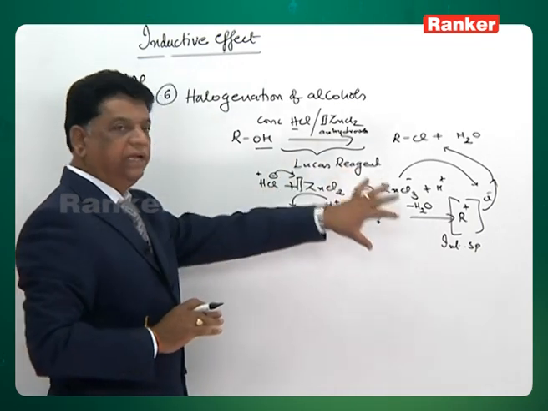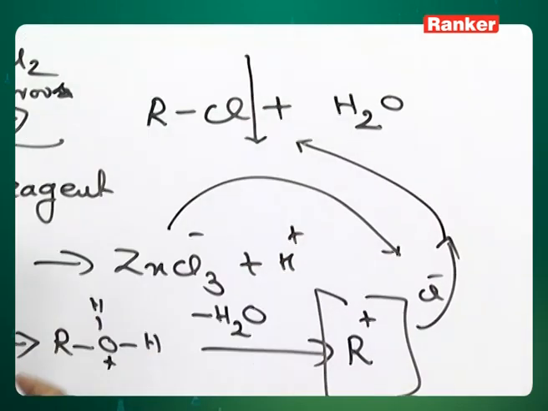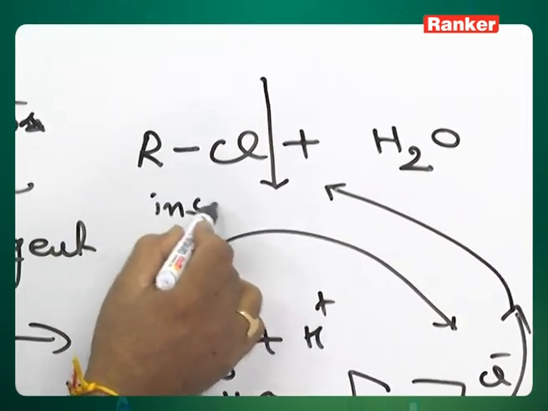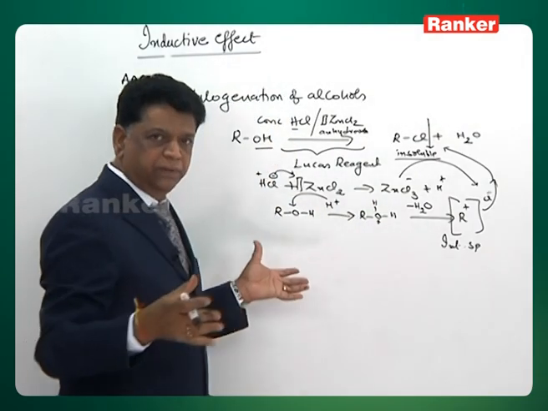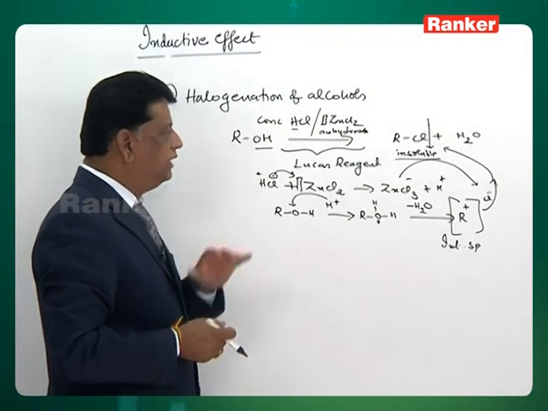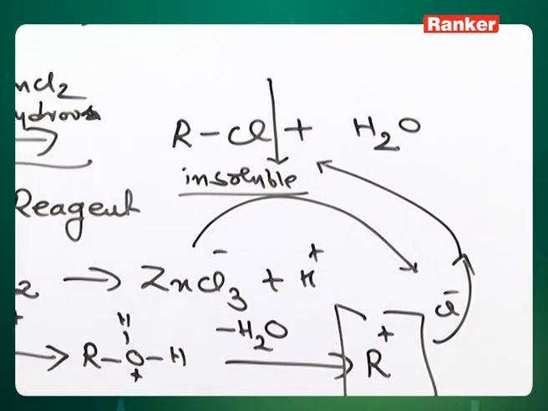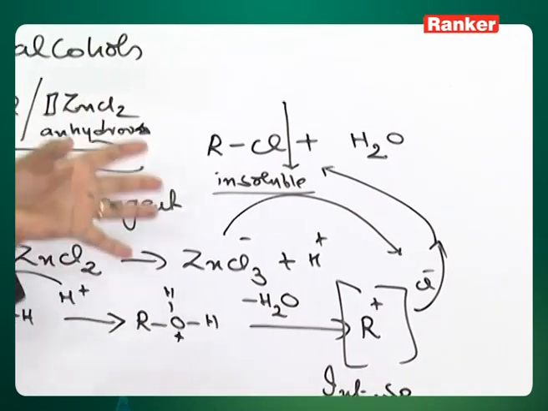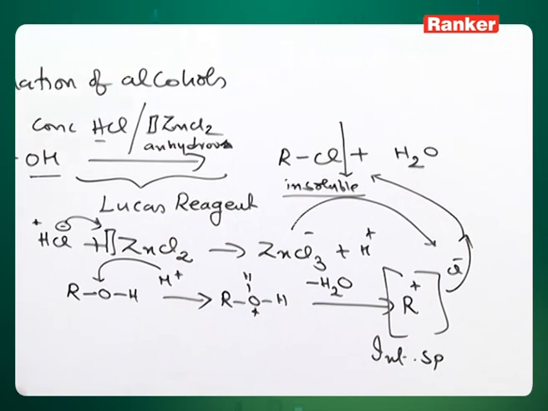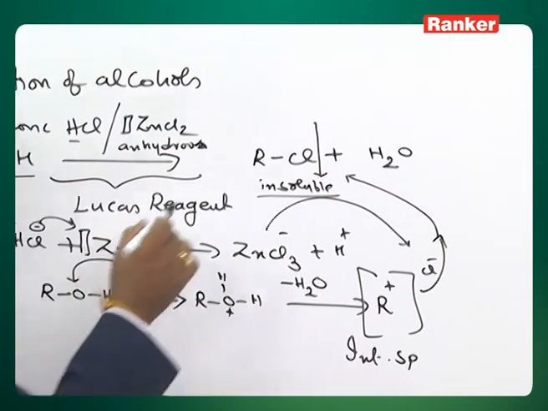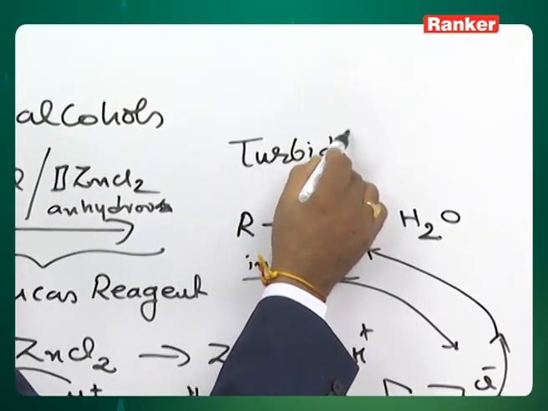Once the final reaction is completed, the RCl formed has one property, it is insoluble. If it were a solid, you would get a precipitate. But unfortunately, this RCl is not a solid, it is a liquid only. The other liquid medium is aqueous medium, in which the organic compound is not soluble, therefore it comes out as a suspension, or turbidity is the terminology used here.